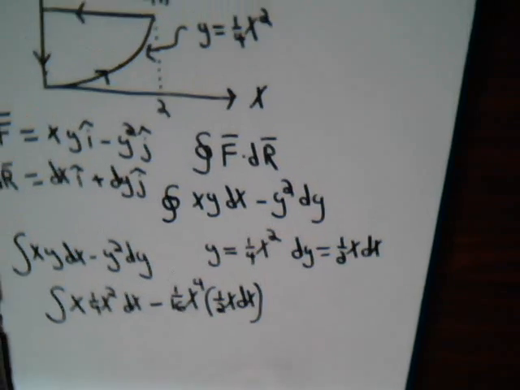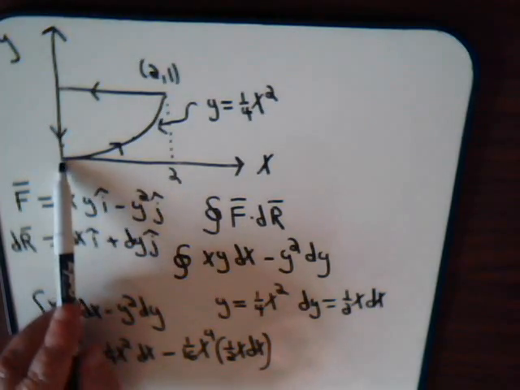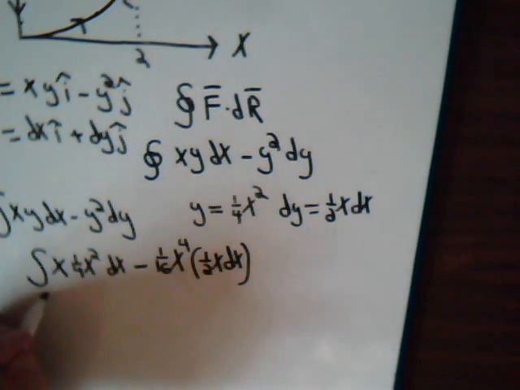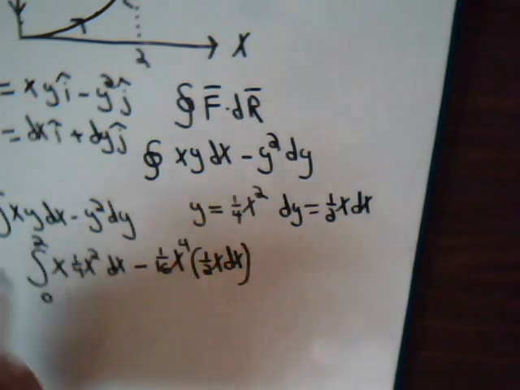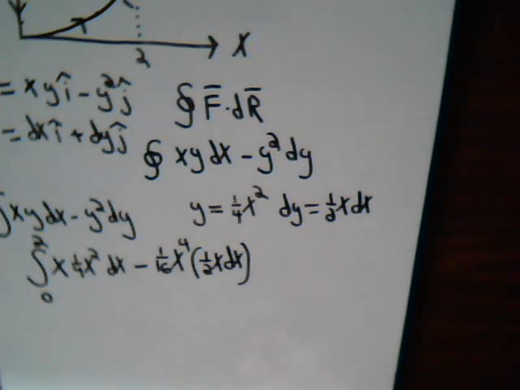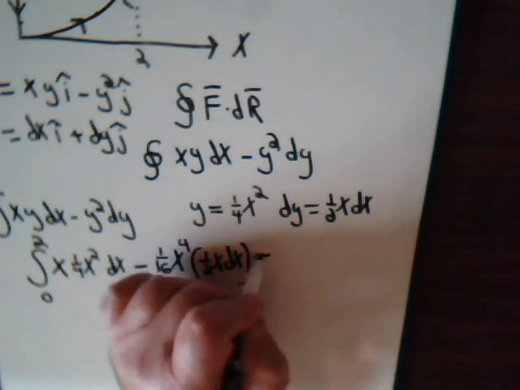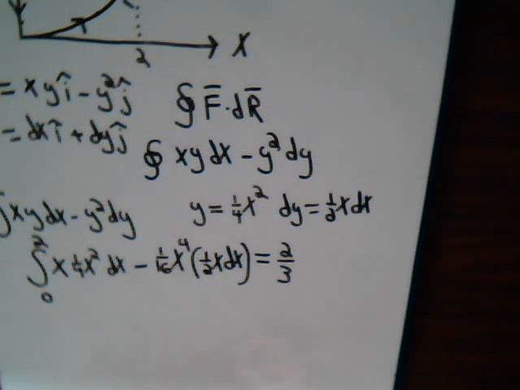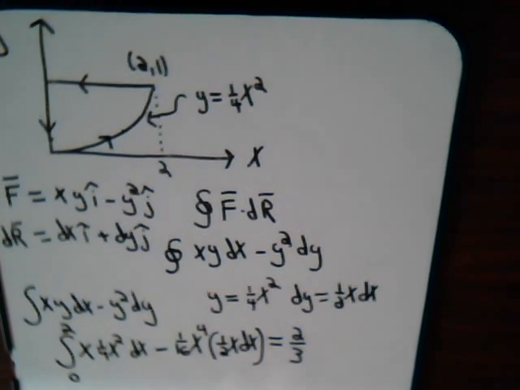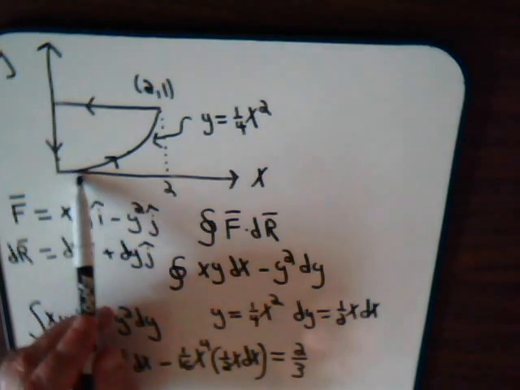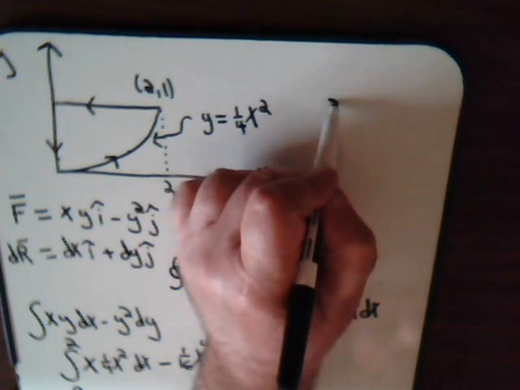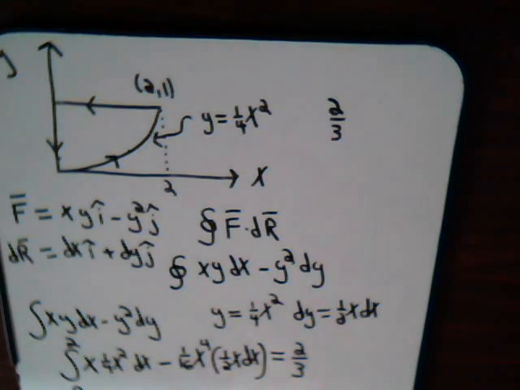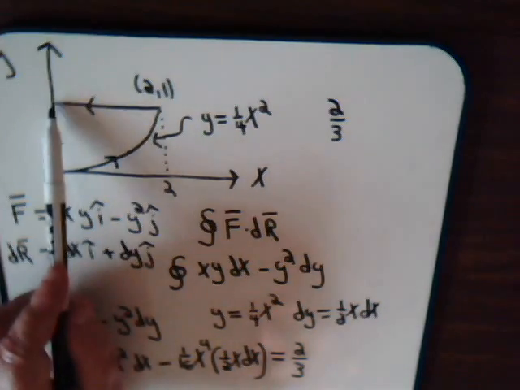Now everything is expressed in terms of x and dx. What are the limits? X goes from 0 to 2. And we worked this integral in a previous problem. It's straightforward, and the answer we obtained was 2/3. So for this part of the curve, the line integral is 2/3. Now we have to take the line integral here.